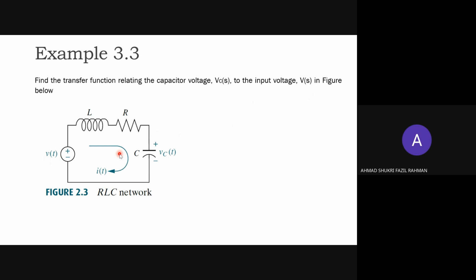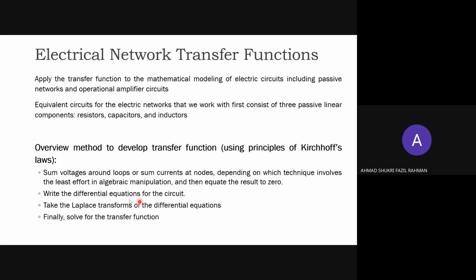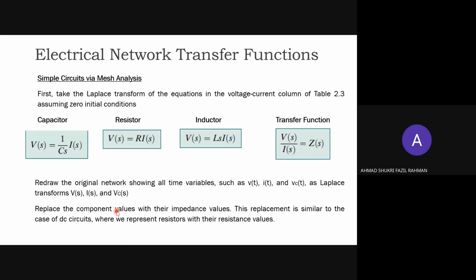So for this example, example 3.3, we can start by referring back to the previous method, as you can see from here. We need to choose which method we are comfortable with, either sum of voltage or sum of current, and then write the differential equation, then transform it with Laplace, and then finally solve for the transfer function.